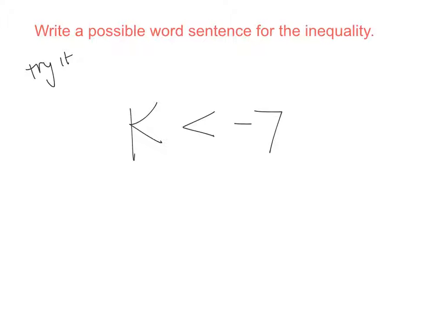K. Let's decide, actually, sorry, I'll back up a step. I'm going to decide what K could equal, something that's less than -7. Let's do temperature. The temperature, this is just a possible, right? There's lots of possibilities. I'm just doing a possible word sentence. If you want me to check yours, raise your hand, I'll come check it.